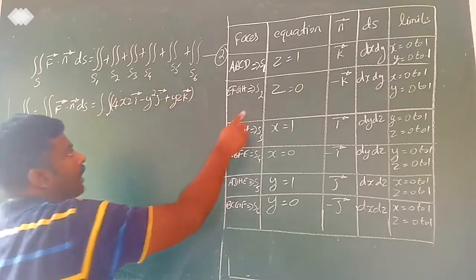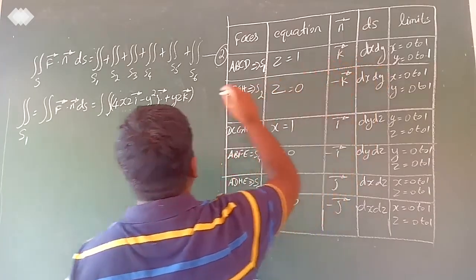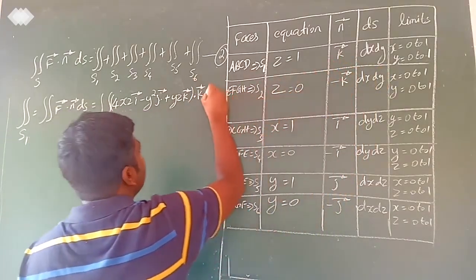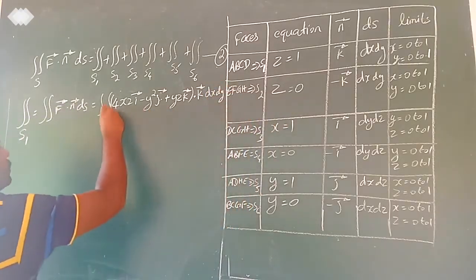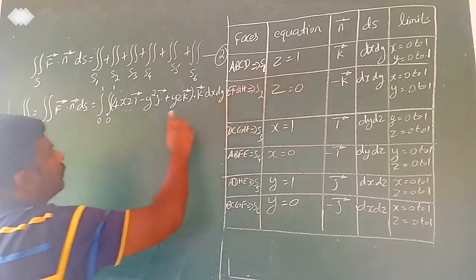And for S1, n vector equal to k vector. Therefore, dot k vector, and ds equal to dx dy. So x limit equal to 0 to 1, y limit equal to 0 to 1. Here z equal to 1.